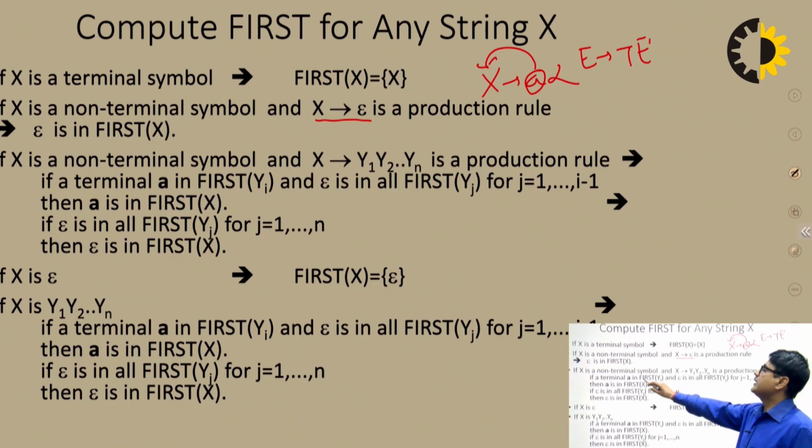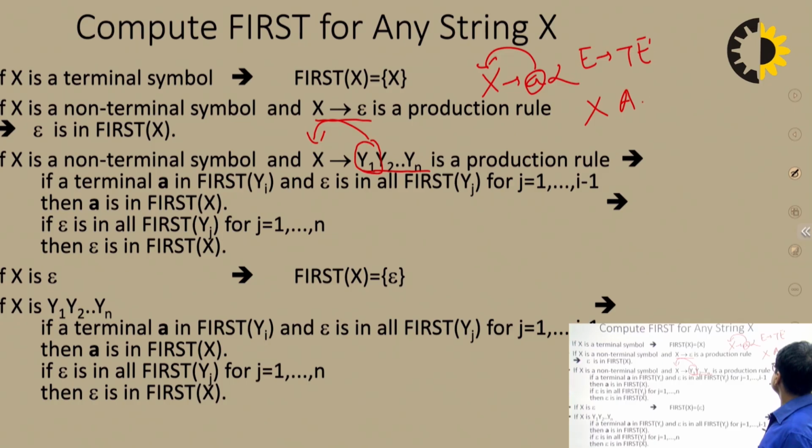Then the important thing: if X is a non-terminal symbol and it derives a number of non-terminals on the right hand side, then firstly, whatever the non-epsilon first of Y1 is will be added into X. Suppose we are deriving E produces T E dash, and first of capital T is already given.